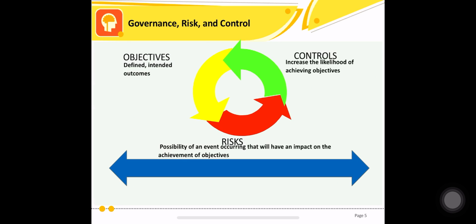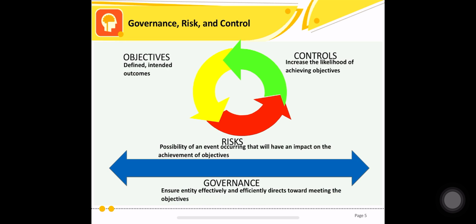Medyo shortcut ko na tong part na to. Anyway, at the end of the day, the main function of the internal auditor, again, is to add value. And for us to add value, we need to know the three areas that we need to focus on: number one, governance; number two, risk management; and number three, the control.